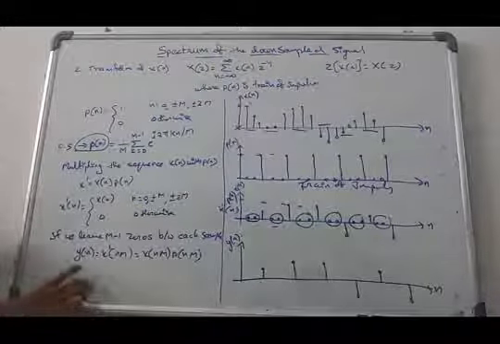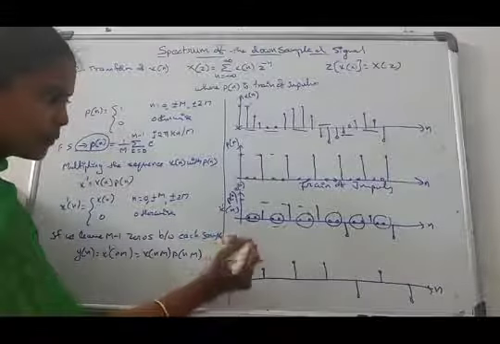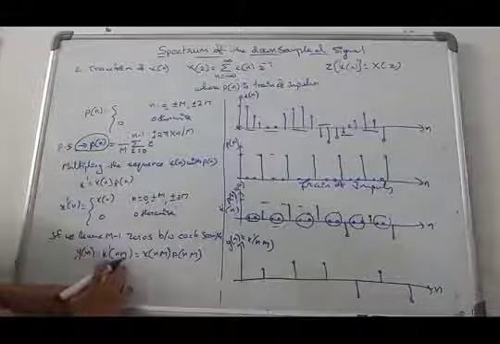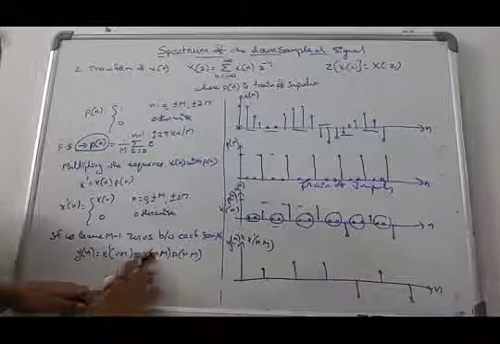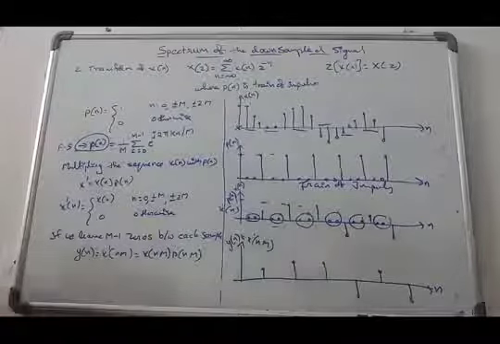Now y of n is equal to x dash of nM, and x dash of nM is nothing but x of nM into p of nM.